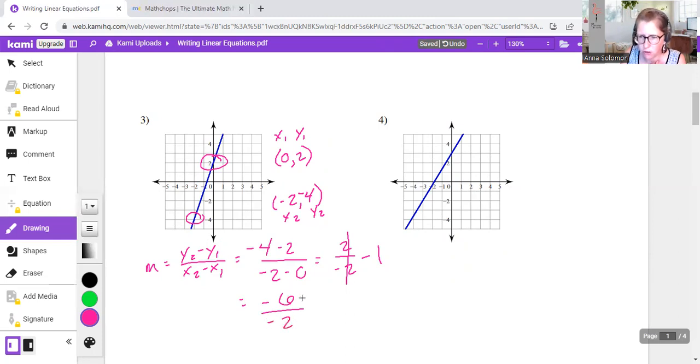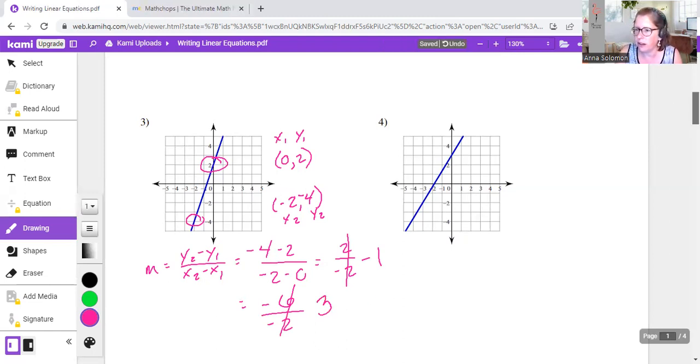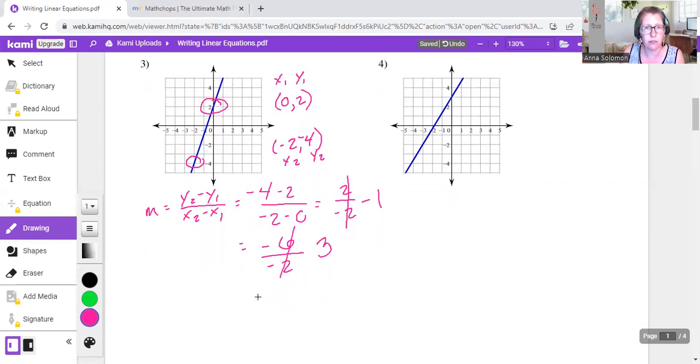Then -2, and that is +3. So okay, see, you can make goofy errors all the time, and being comfortable with positive and negative slopes saved me there. So let's just forget that happened. So my m is 3, so my formula is y equals 3x plus 2.